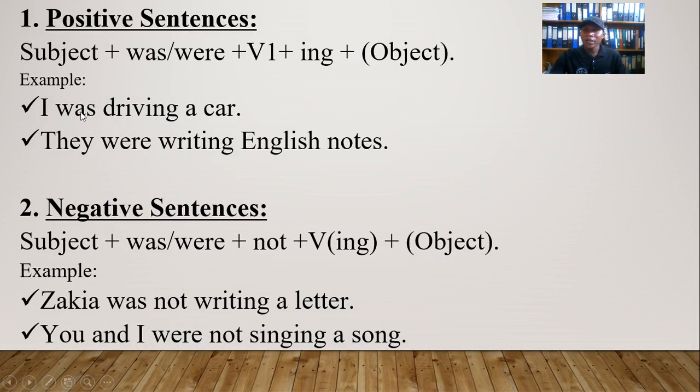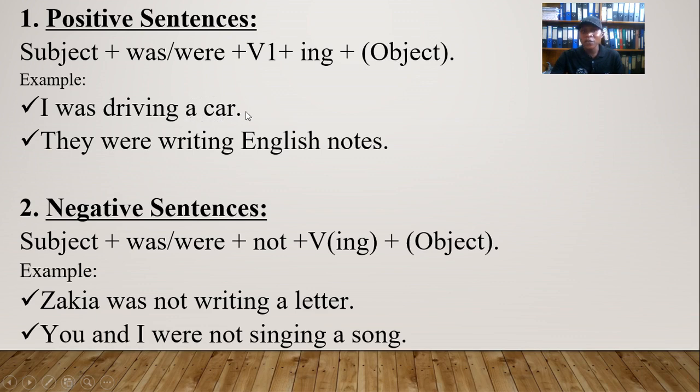I goes with was. But after that, you add your verb which is in ing form. Then you can add an object, a car, which is optional. That means you can put it or not.